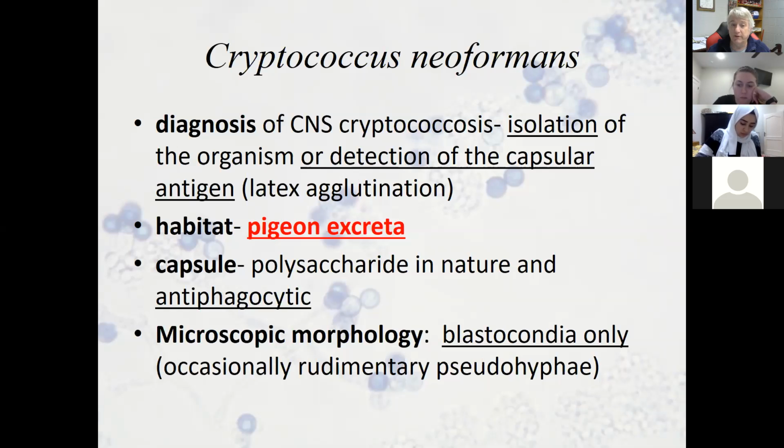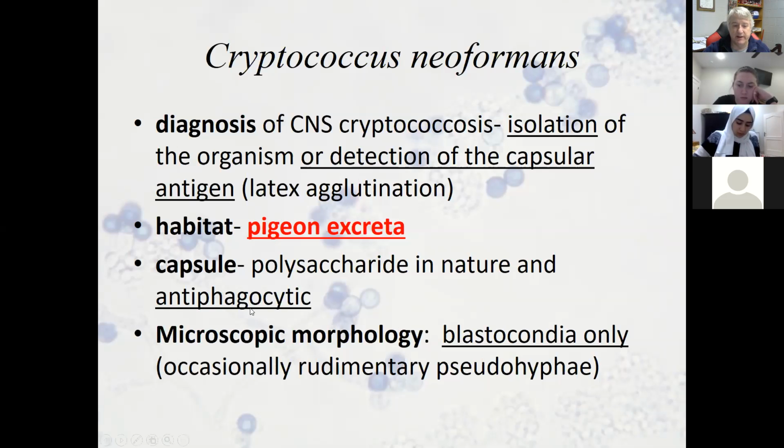So the Cryptococcus neoformans is now in the poop, wherever that poop was. And if it's in a building, up in the rafters, and you come in, you're inhaling that. So you can definitely inhale those.